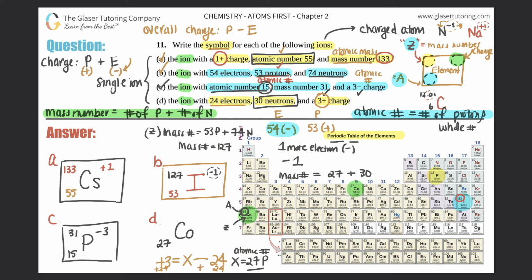So 27 plus 30, you get 57. And that's what goes in the top left. And did they tell us the charge? Yes, they did. They told us that we had a +3. So it would be a +3. And that's your final one.